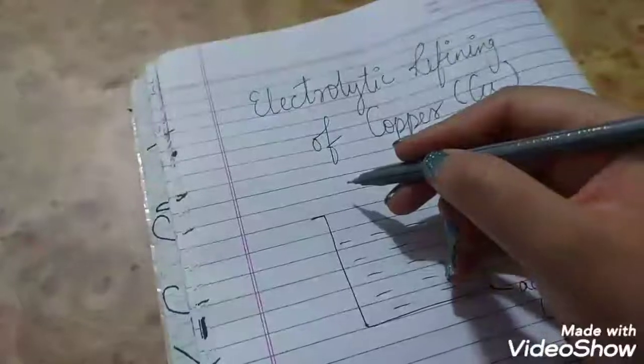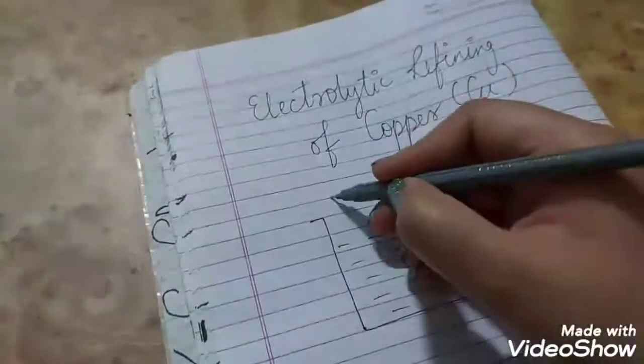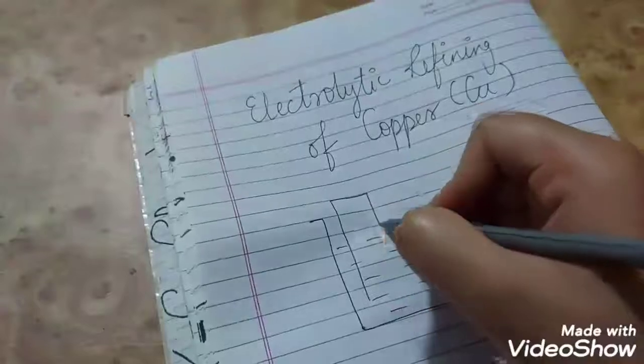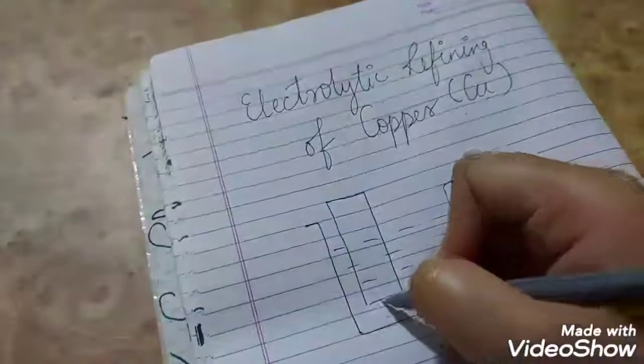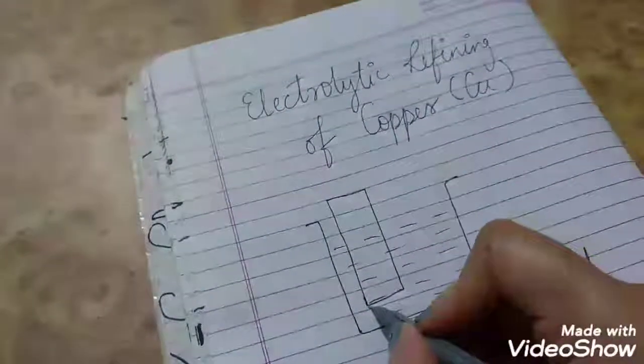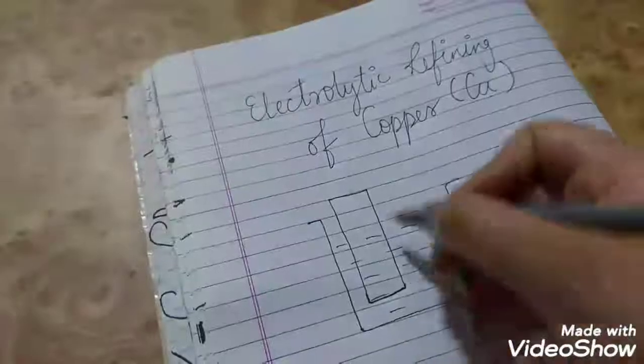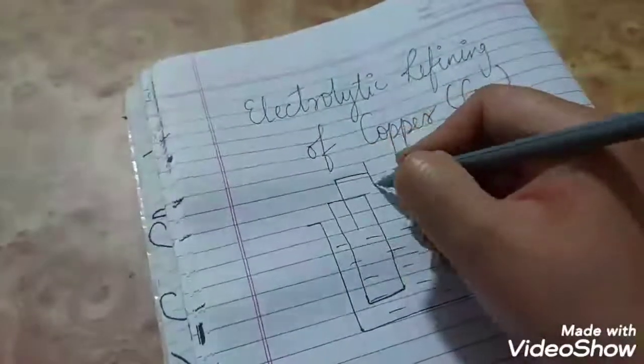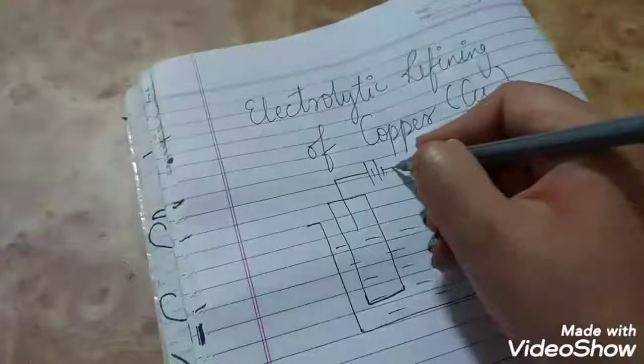One of the electrodes will be connected to the positive terminal. Now you know it. Which electrode is connected to the positive terminal? It is the anode. Now in this process, anode is the impure copper metal which is connected to the positive terminal of the battery.